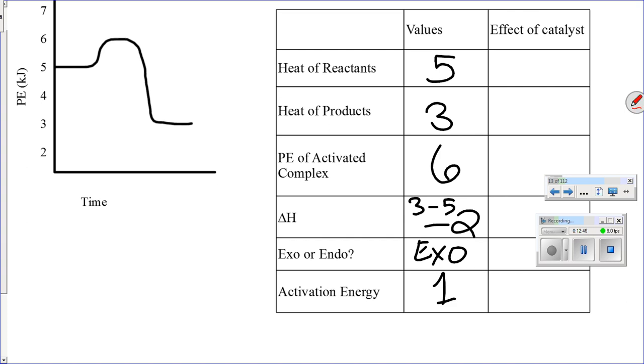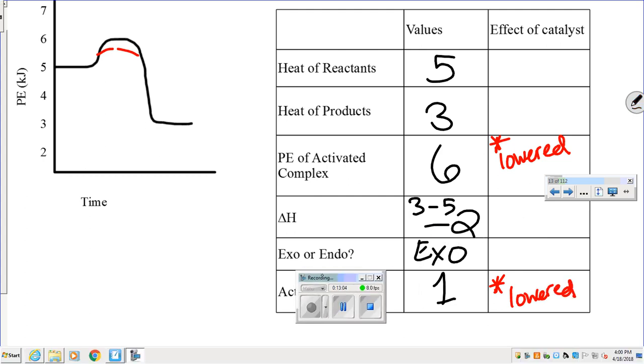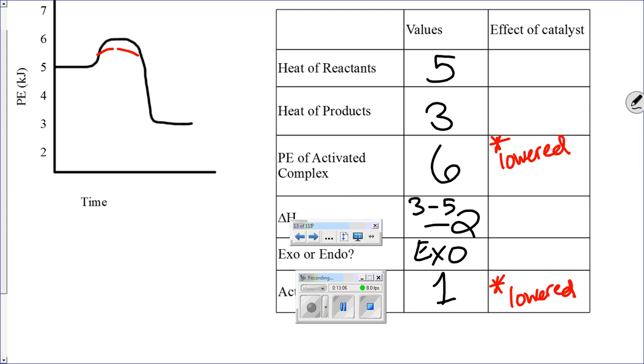If we wanted to lop the top of this guy off with a catalyst, the only things that are going to change on here are going to be the potential energy of my activated complex is going to be lowered, and the activation energy is going to be lowered. Everything else on this is going to be the same. So you can carry over every single value, 5, 3, negative 2, and it's still exothermic.